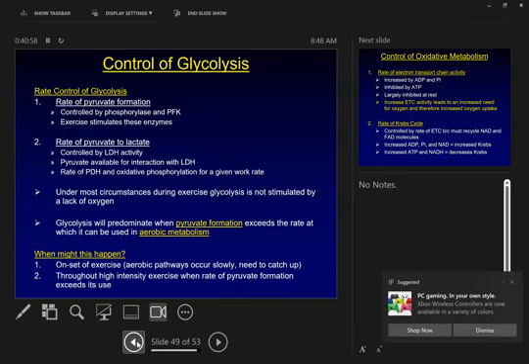There's so much pyruvate, it is by necessity going to come into contact with that LDH enzyme. And you're going to start making more and more lactic acid. And that will eventually then inhibit PFK and shut the whole thing. Okay? So those are the two times when things are really going to be a problem.